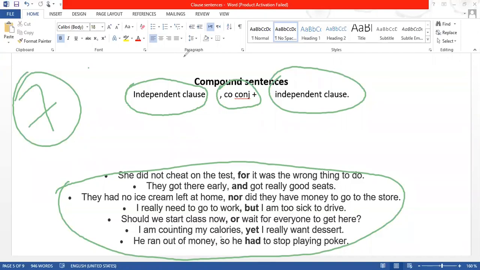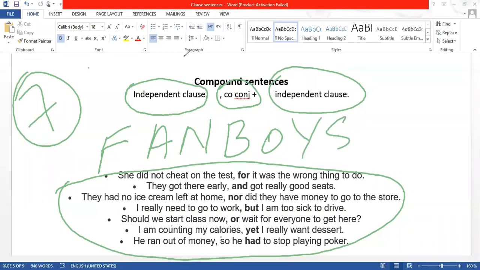So you have to learn it 100%. Coordinating conjunctions are only seven, and if you want to remember them, you may know this: FANBOYS. If you see F, it's for, A is and, N is nor, and then Y is yet, right?